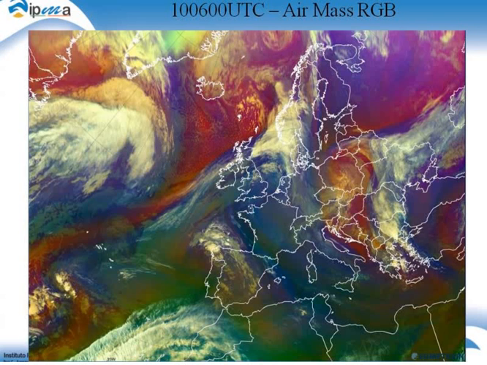So, from 6 UTC today, over the East Atlantic, in this area here, we have a deep low with dense frontal clouds.